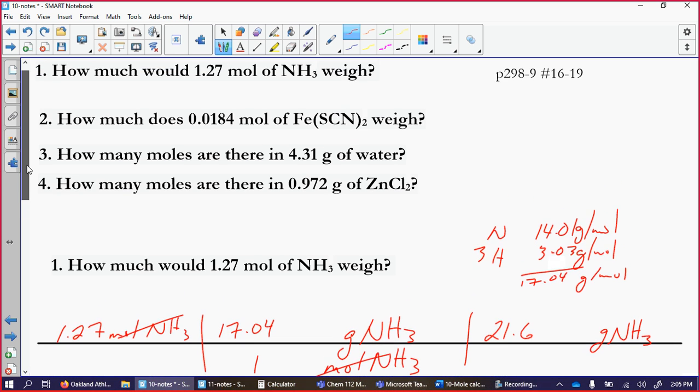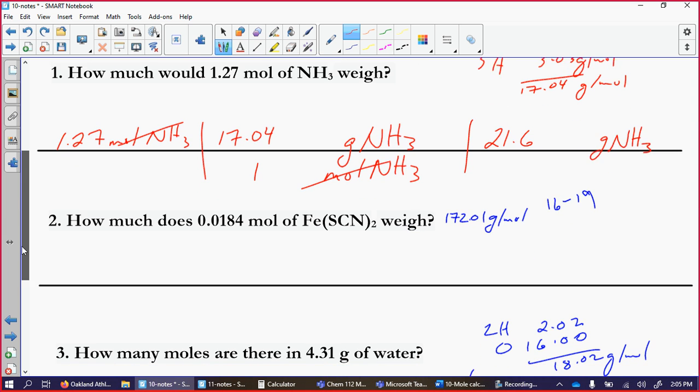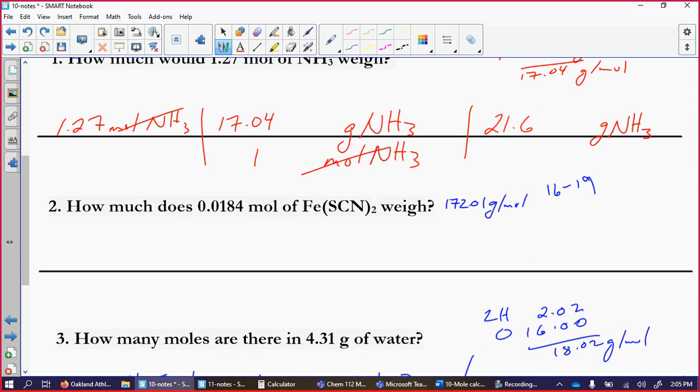Yesterday we did converting moles and all of that. I said I would do these two. So I added up that Fe(SCN)2 a minute ago. 0.0184 moles of this nice red iron(II) thiocyanate.